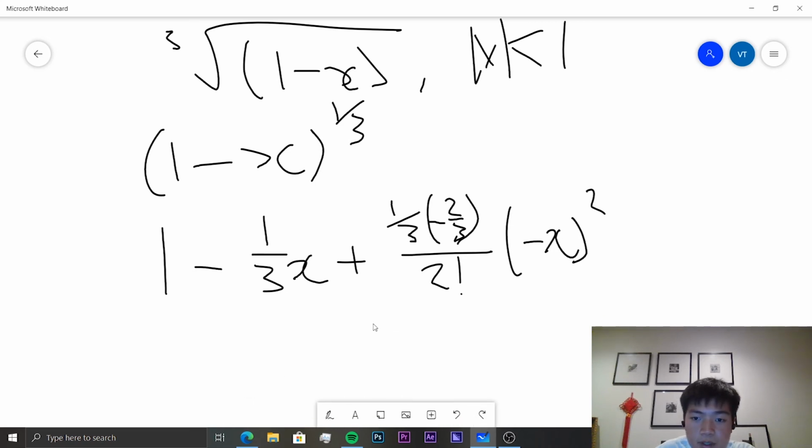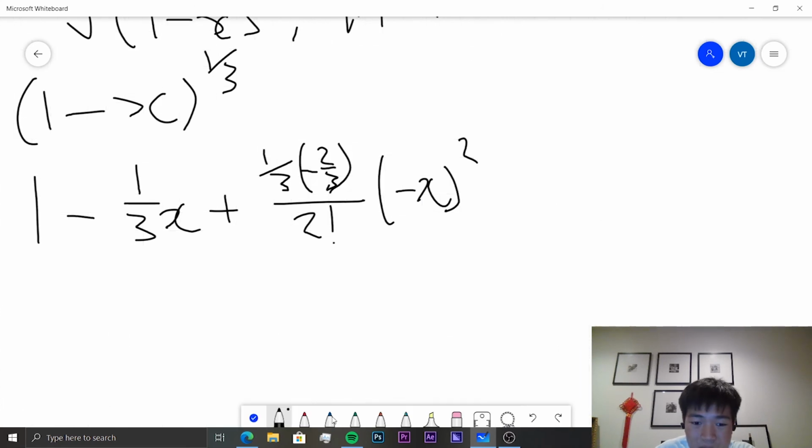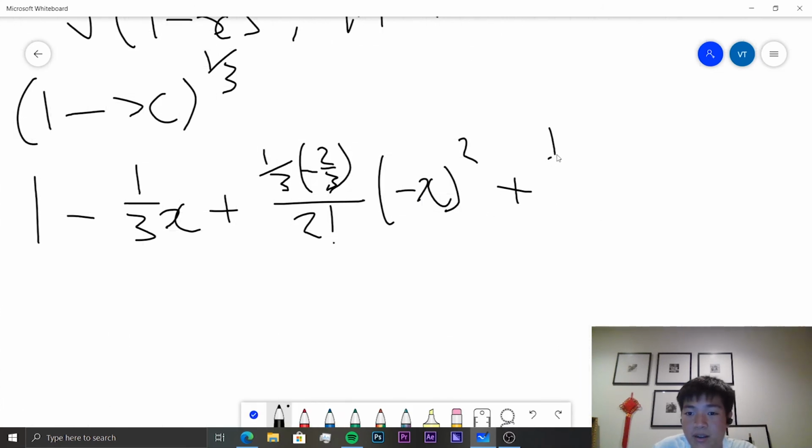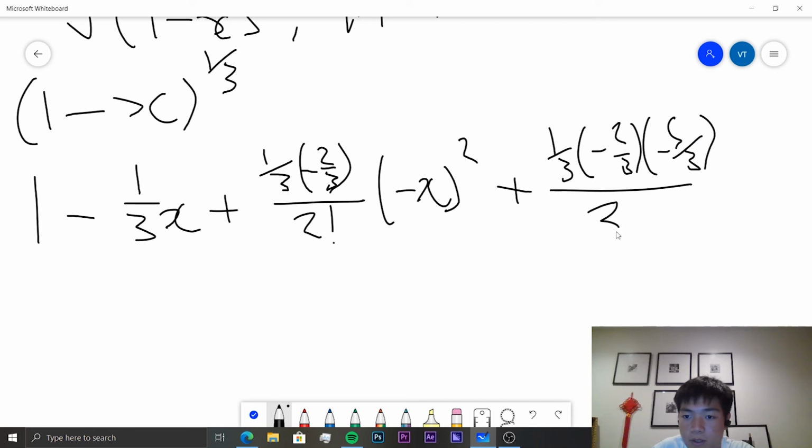And I'll write the 4th term for us, which would be 1/3 times negative 2/3 times negative 5/3, since it's negative 2/3 minus 1, or 1/3 minus 2, over 3 factorial times negative x cubed.